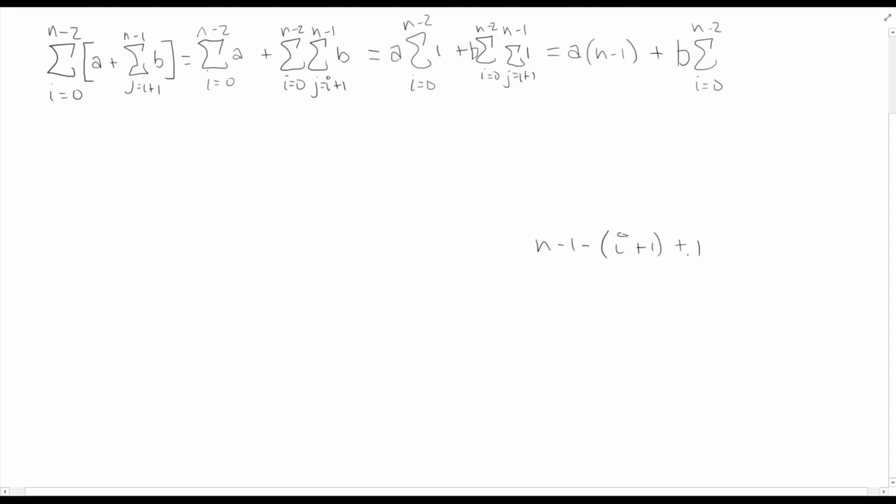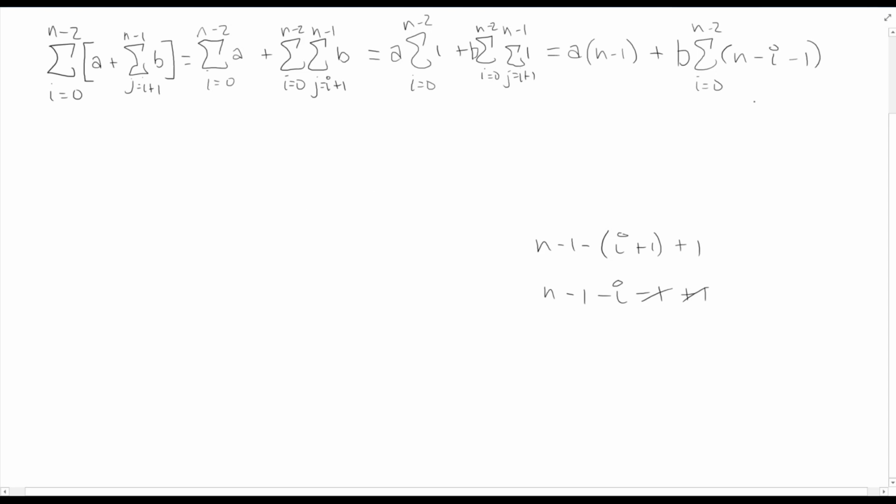And then we add one more to figure out how many terms in the sequence. So that's going to give us an n minus a 1. It looks like a minus an I, minus a 1, plus a 1. So maybe we'll cancel 2 out, and maybe I'll write that here as n minus I minus 1.